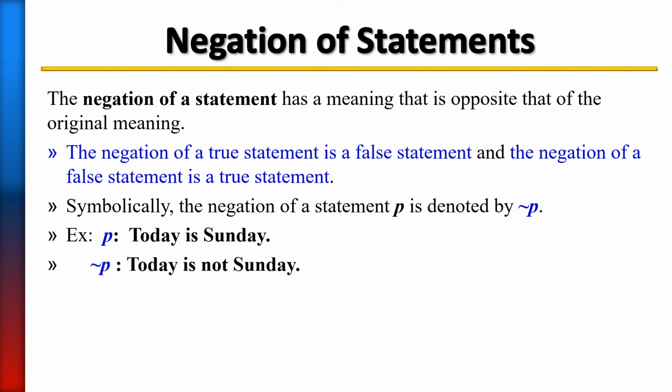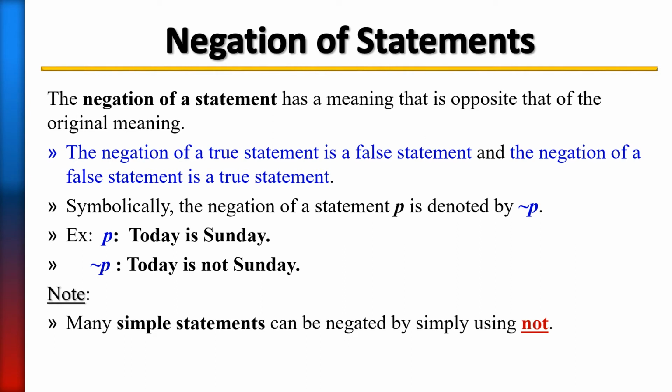We can negate that by placing our negation symbol and the letter P to say that today is not Sunday. This is an example of what we call a simple negation of a statement. Again, it's just writing it to mean the very opposite.